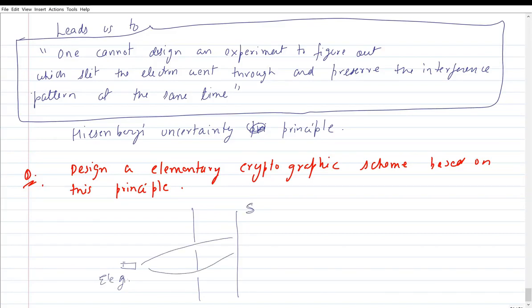I'm sending you electrons. Now, let's say there is an eavesdropper E. This is me. This is you. This is an eavesdropper, which is trying to get the information about what I'm sending you.